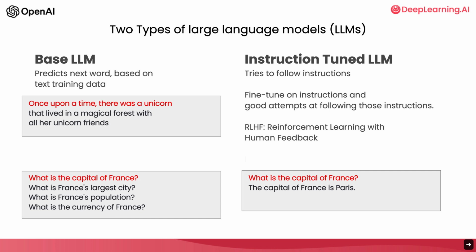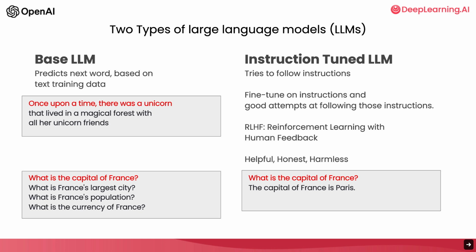Because instruction-tuned LLMs have been trained to be helpful, honest, and harmless, for example, they're less likely to output problematic text, such as toxic outputs, compared to a base LLM. A lot of the practical usage scenarios have been shifting toward instruction-tuned LLMs.